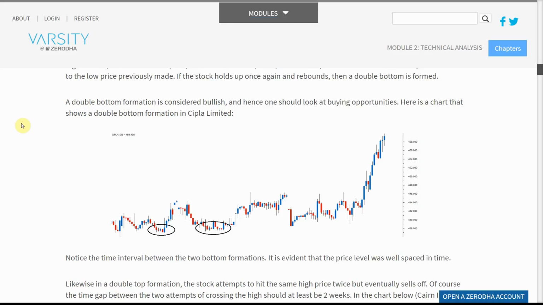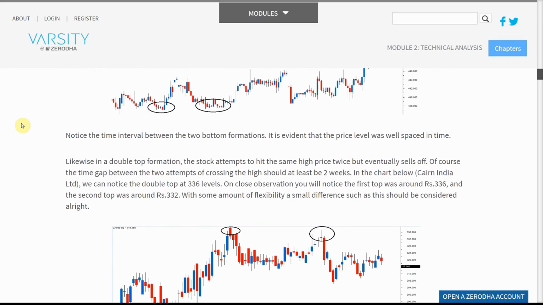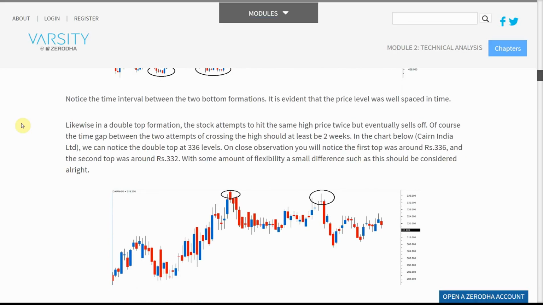Here is a chart that shows a double bottom formation in Supplementary Limited. Notice the time interval between the two bottom formations. It is evident that the price level was well spaced in time. Likewise, in a double top formation, the stock attempts to hit the same high price twice but eventually sells off. Of course, the time gap between the two attempts of crossing the high should at least be 2 weeks.